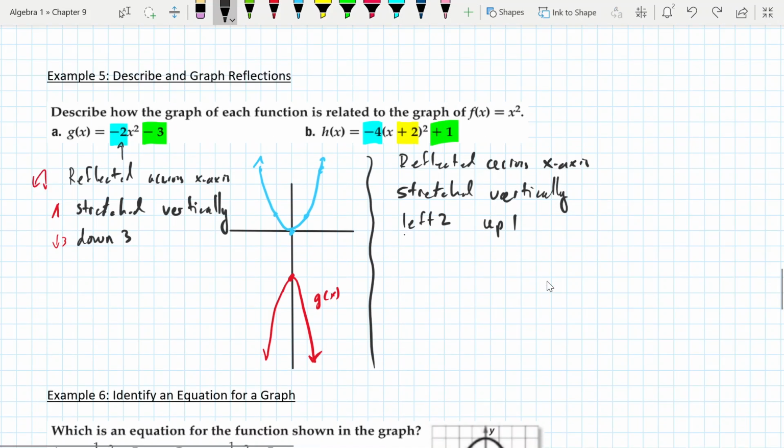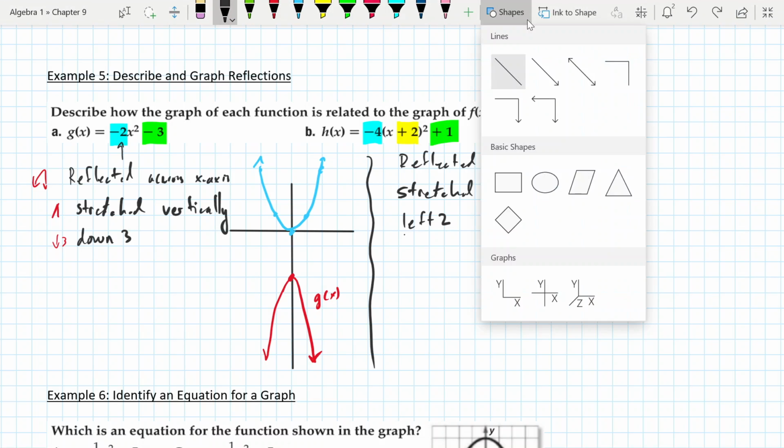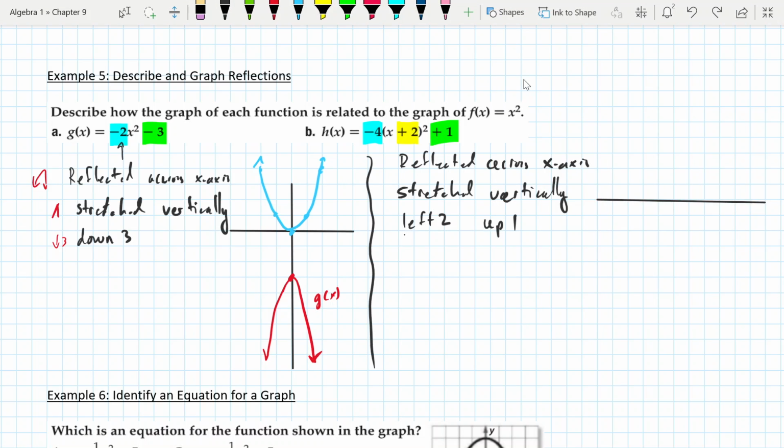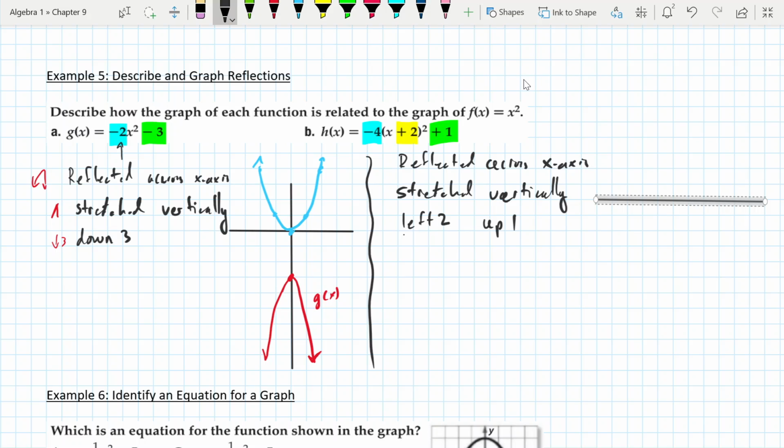You know what? I like that axis. I'm going to draw, because I know it flips down, a lot of space down below.